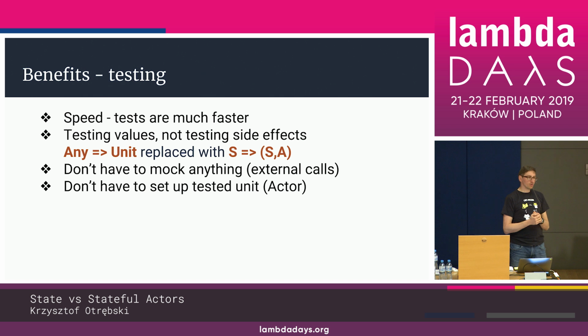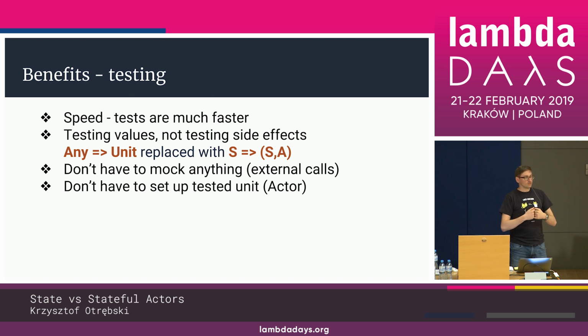So you need to be aware that you should maybe check some messages or check state of database after sending message. We have replaced this with state monad, so we are returning a list of effects to be executed, and we can just validate data. So we don't have to mock anything like mocking database, mocking actor references, and also we don't have to set up state of actor during tests.